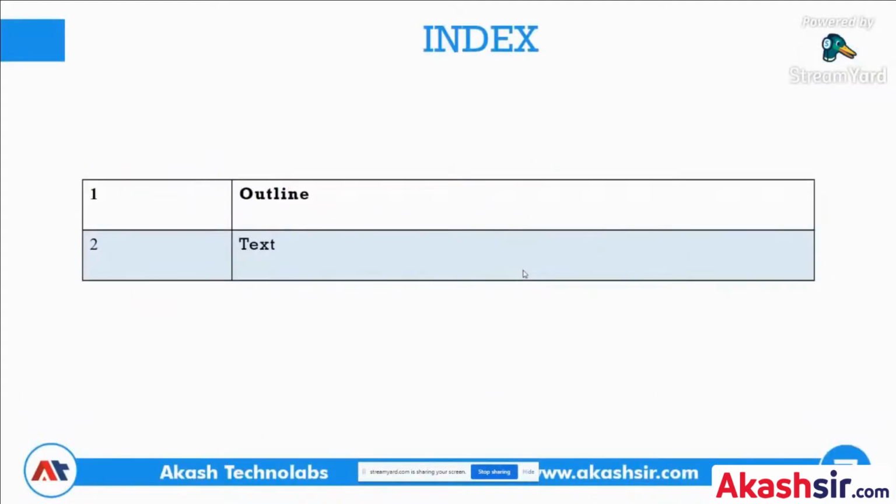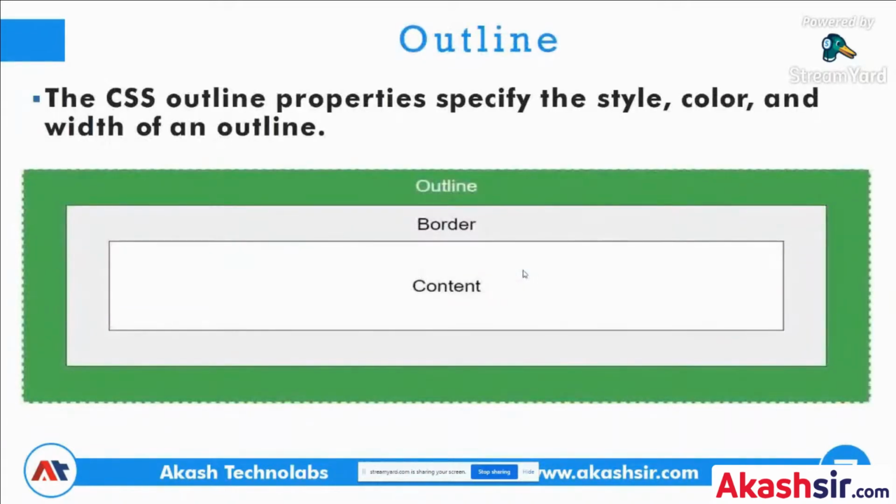For an example, I want to display some outline. You can see on the screen, the CSS outline property specifies the style, color, and width of an outline. Let's say I want to display some outline over here, right? Here you can see this is an outline which contains a background color, that is green.